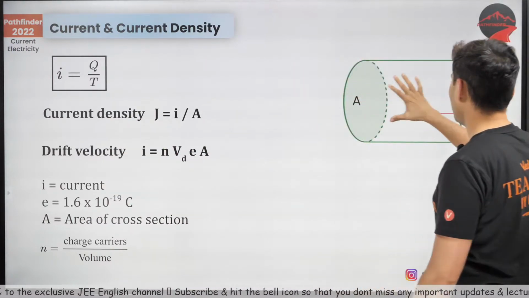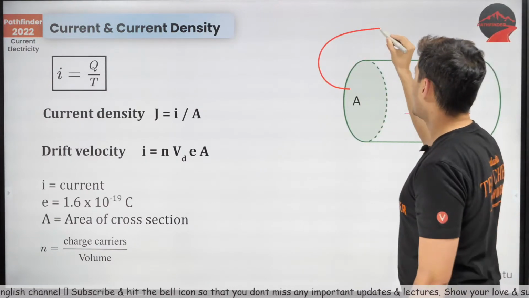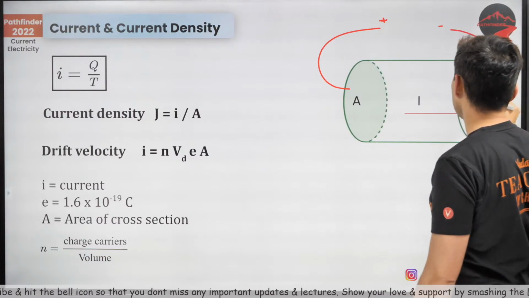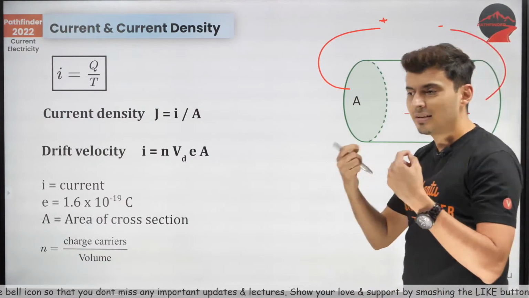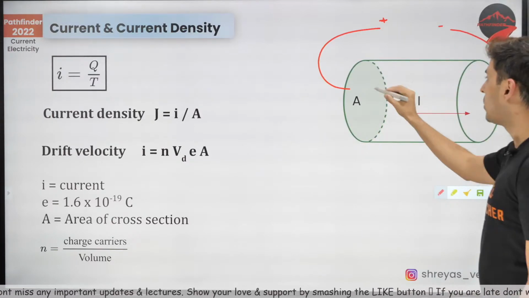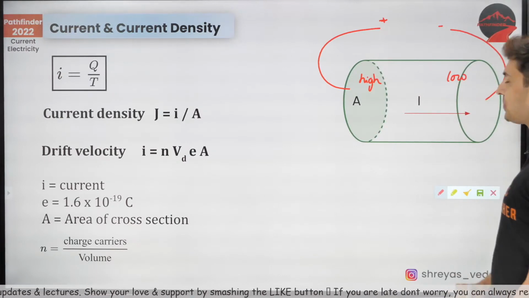So when you have a conductor and you apply a voltage difference, that means you connect the positive and the negative terminals of a battery. And the moment there is a voltage difference, you will see that the current will start to flow from high potential to the low potential.